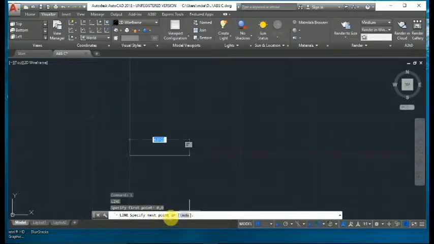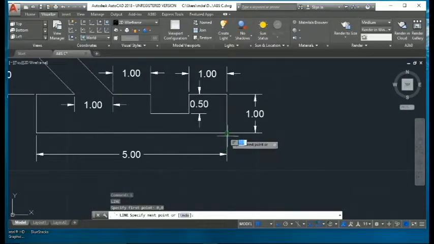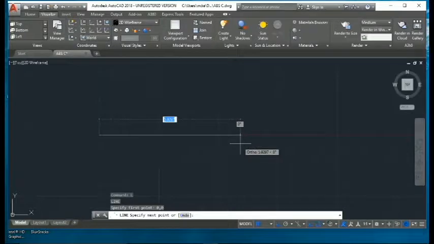Look at the command prompt. It asks to specify the next point, so our next point will be this point. The horizontal distance of this point is 5 and the vertical distance is 0. So the next point will be 5, 0.